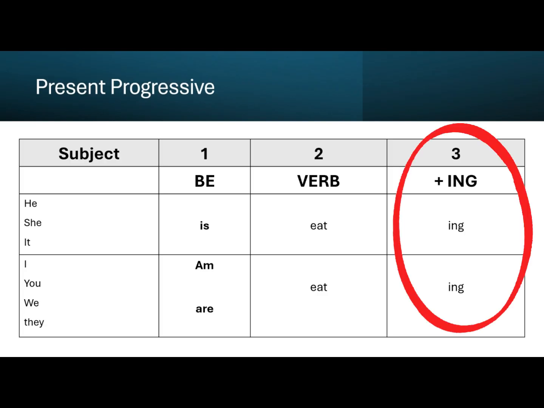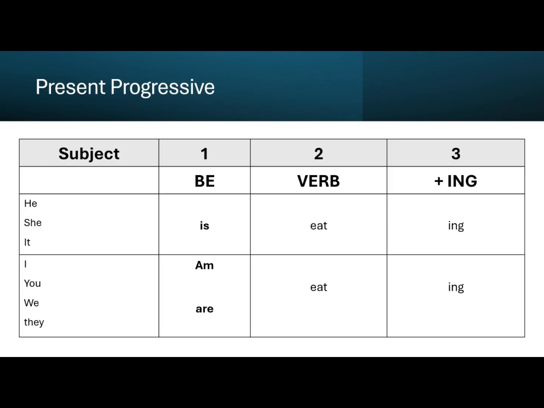For example, he is eating or she is eating. I am eating. We are eating. So just remember, present progressive needs to have 1, 2, 3. The verb be, then the verb, then ing.